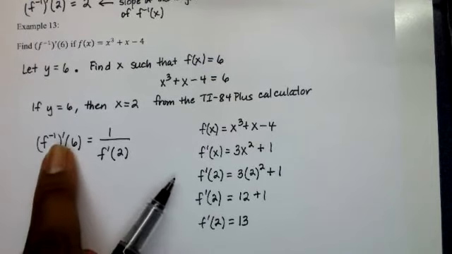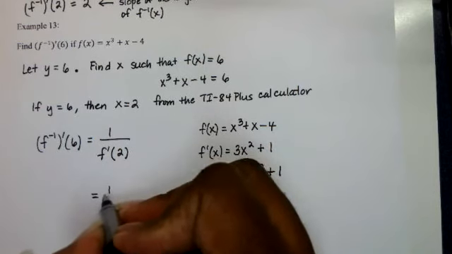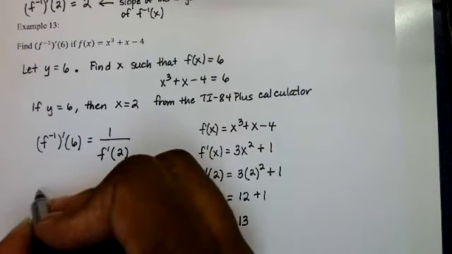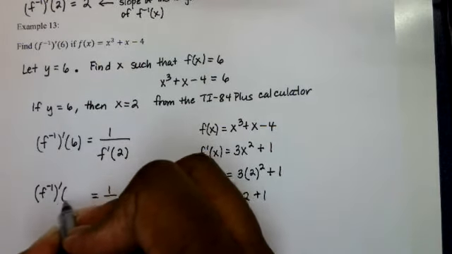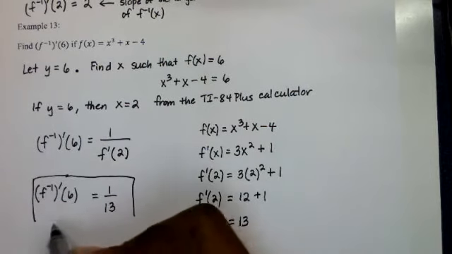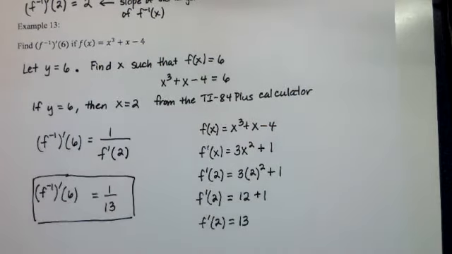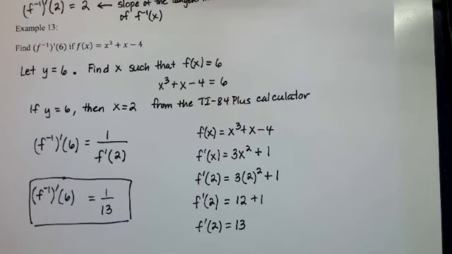That would mean that f inverse prime of 6 will be 1 over 13. And that also represents the slope of the line tangent to the graph of f inverse of x at the point when y is equal to 6 and x is equal to 2.